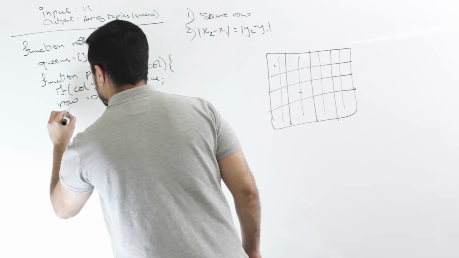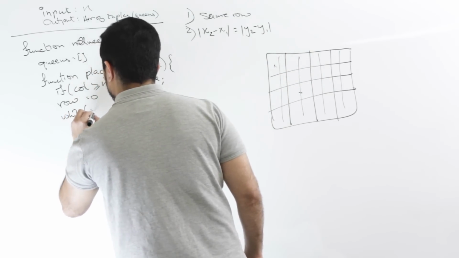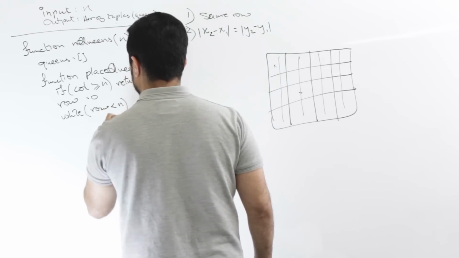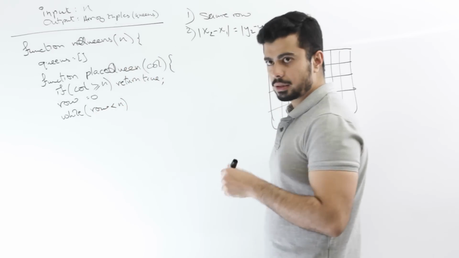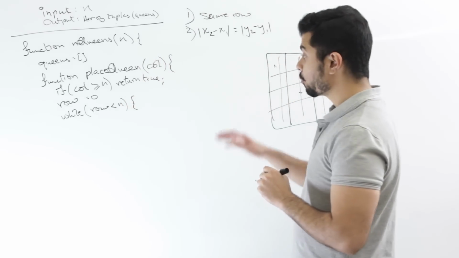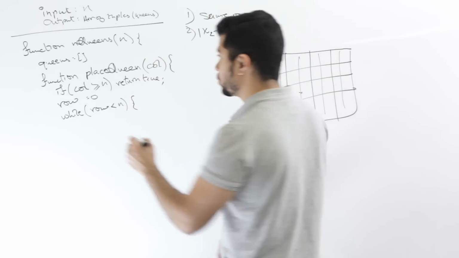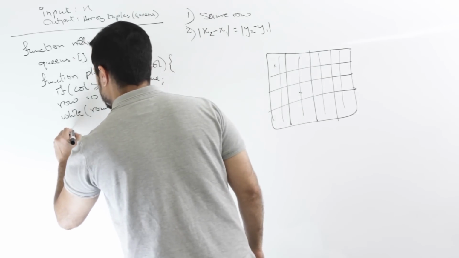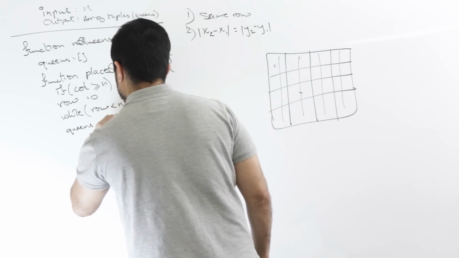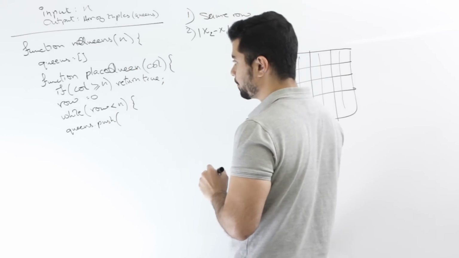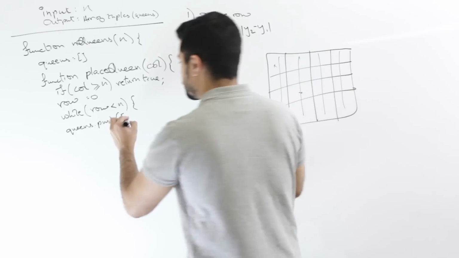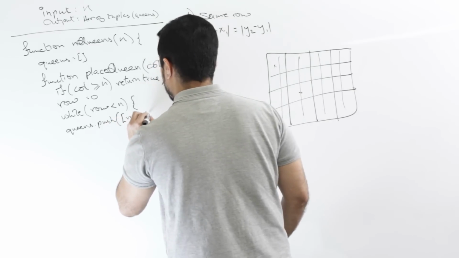I'll say while row is less than n, right? While it's less than n, keep doing this. So what do we do? Well, the first thing we do is we push it to the queens array. So I'll say queens dot push. And what are we pushing? You're pushing a tuple. Let's say it's row comma column. So I'll say row comma column, right?